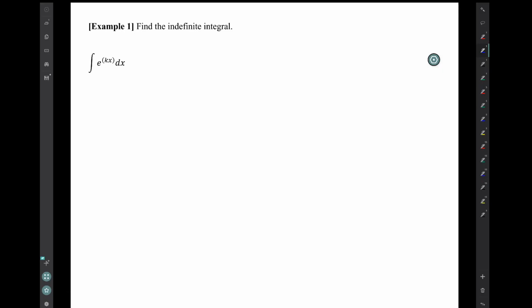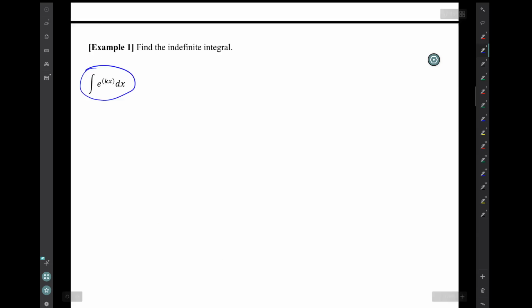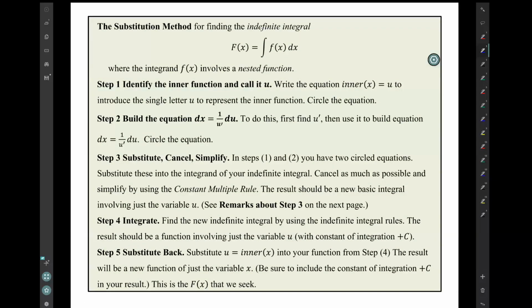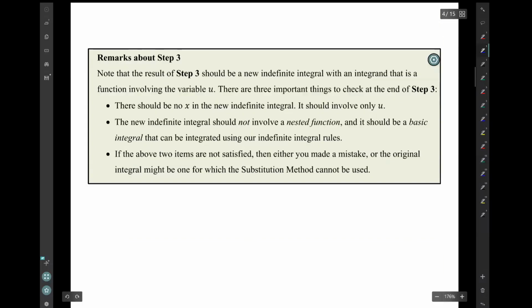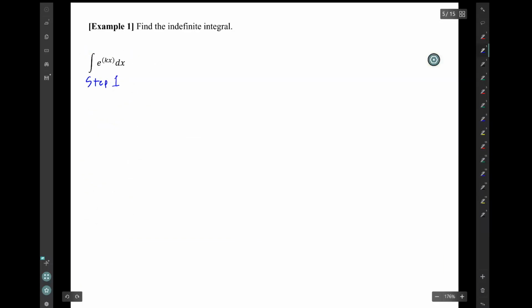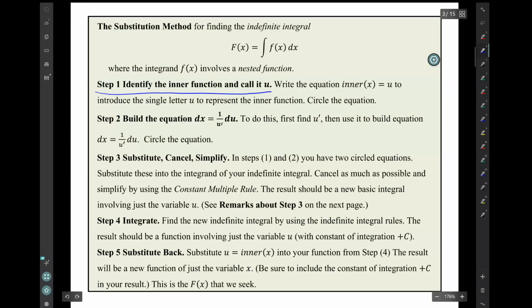Example 1, find this indefinite integral, the integral of e to the kx. So let's recall our procedure. Step 1, identify the inner function and call it u. Now let's see what step 2 is.